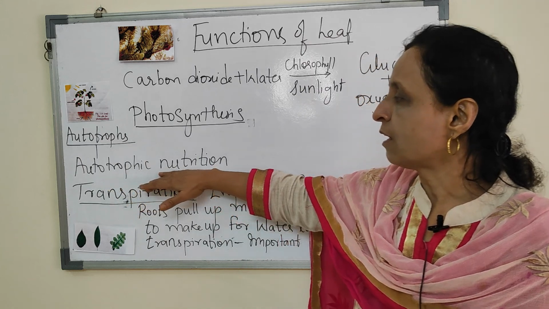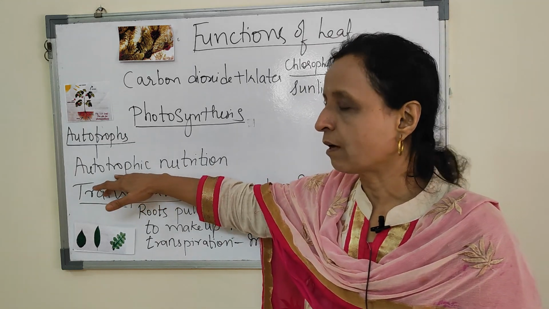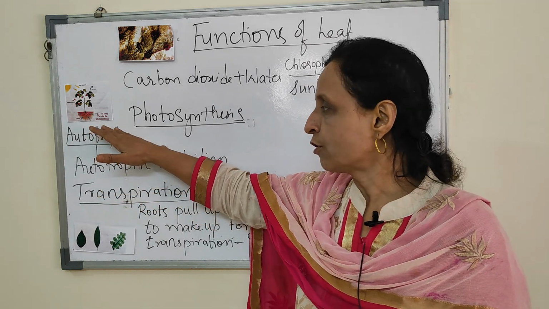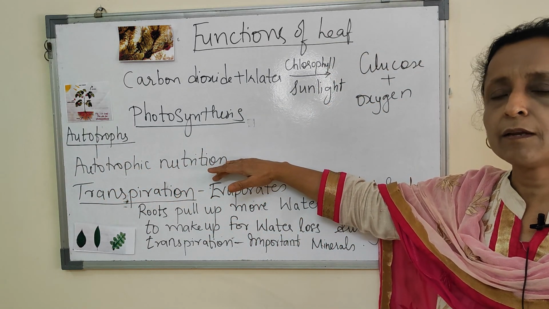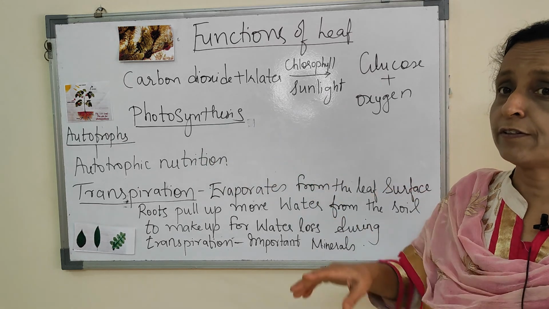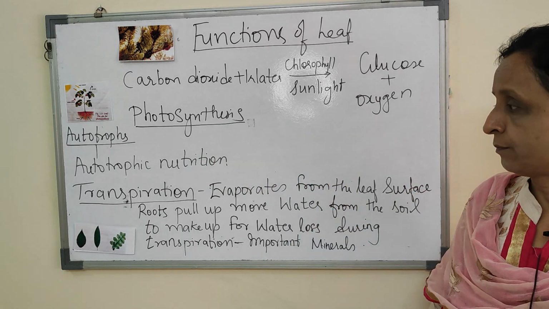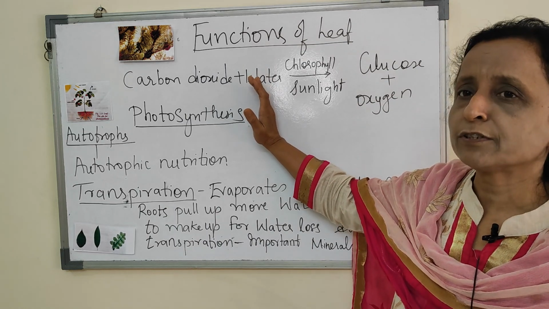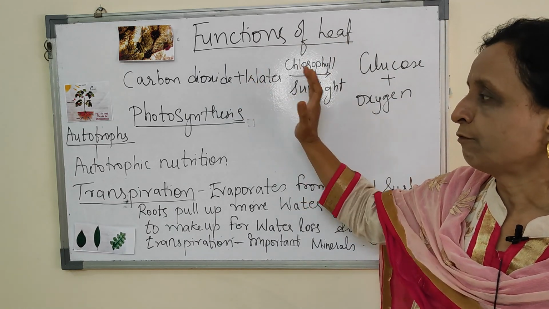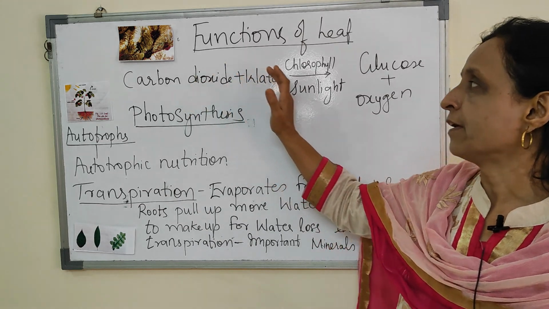Auto means self. They can prepare their own food not only for themselves but for us also. So leaves carry out the very important process of photosynthesis, preparing food for us with the help of carbon dioxide and water.